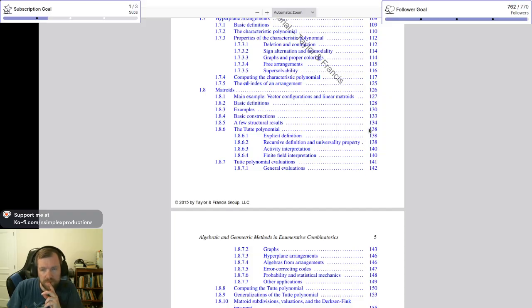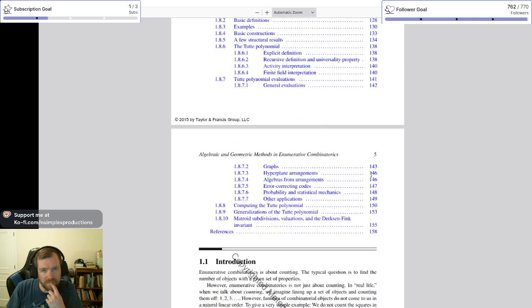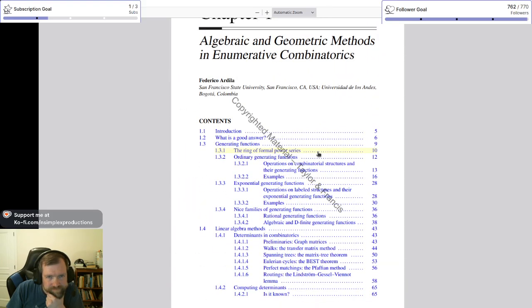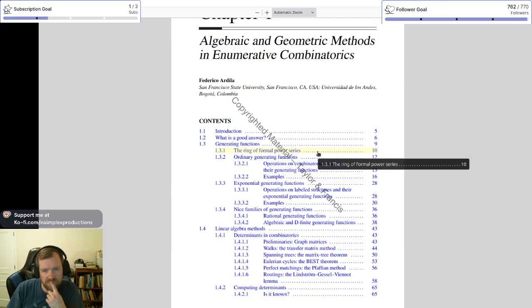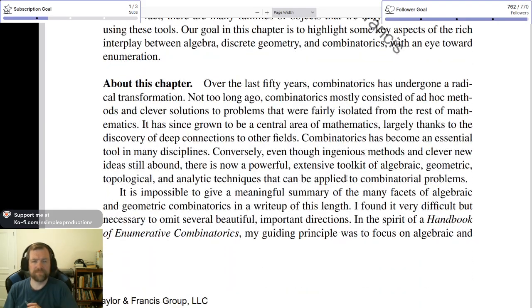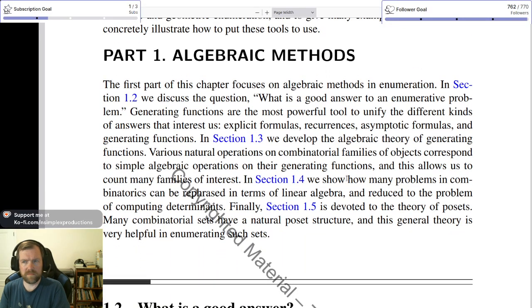Yep, that is, roughly speaking, the first chapter. 1.8.10 up to page 155.